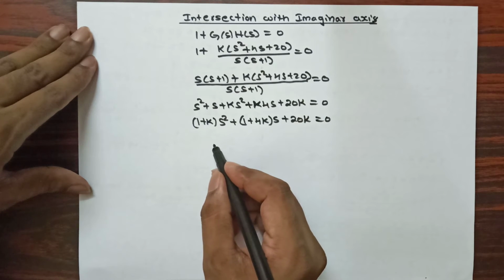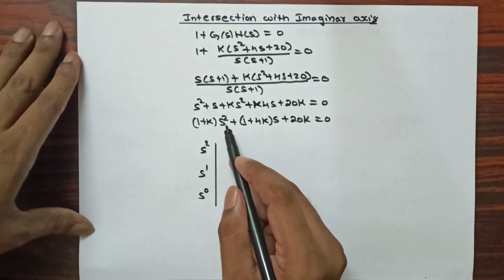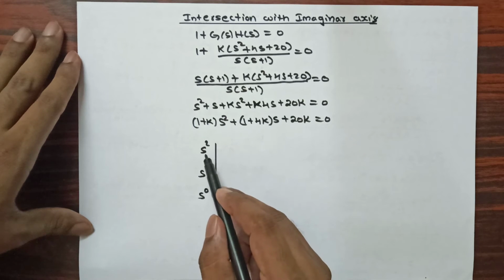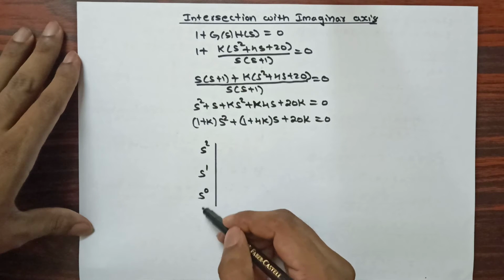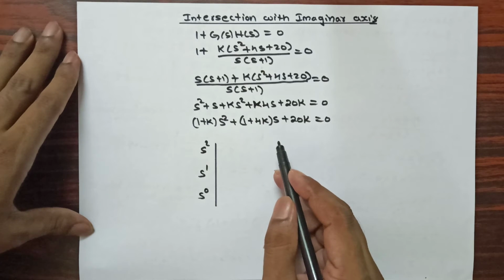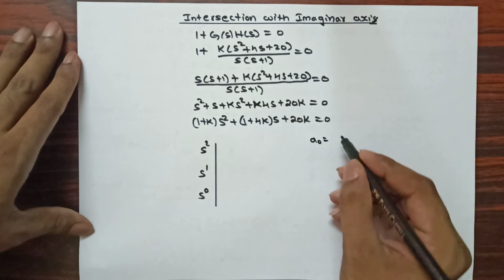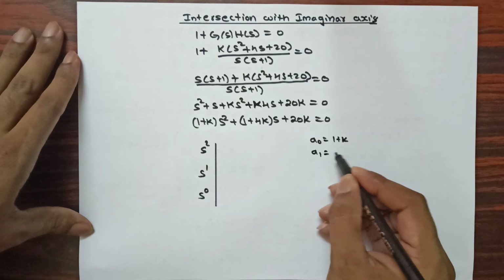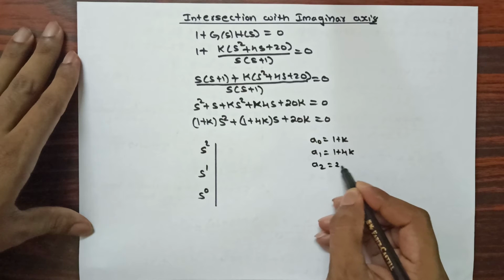Now I am going to form the Routh's array. To form the Routh array we consider the highest power from this characteristic equation. In this the highest power is s to the power 2, and the other powers I have considered in decrementing order, that is s to the power 1 and s to the power 0. Now I am going to form the two rows directly from this characteristic equation. Here a0 coefficient is 1 plus k, a1 coefficient is 1 plus 4k and a2 coefficient is 20k.